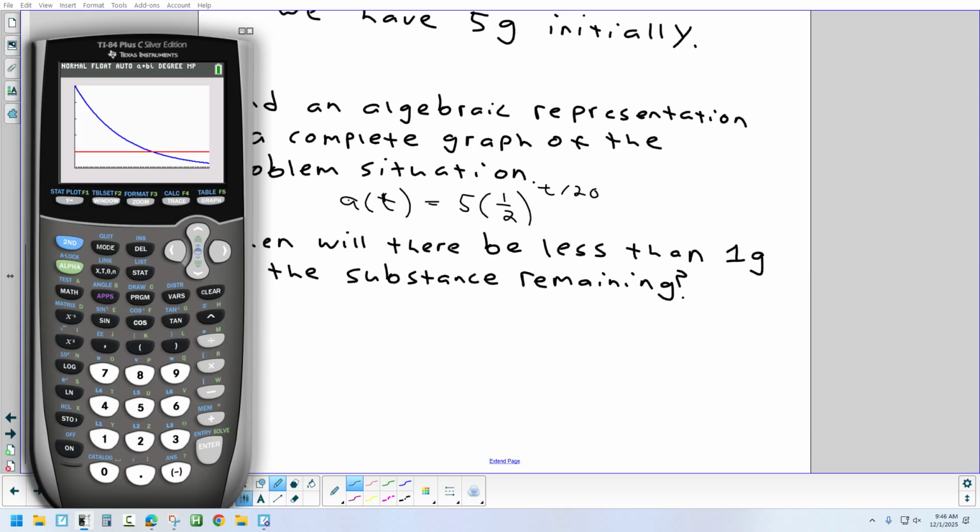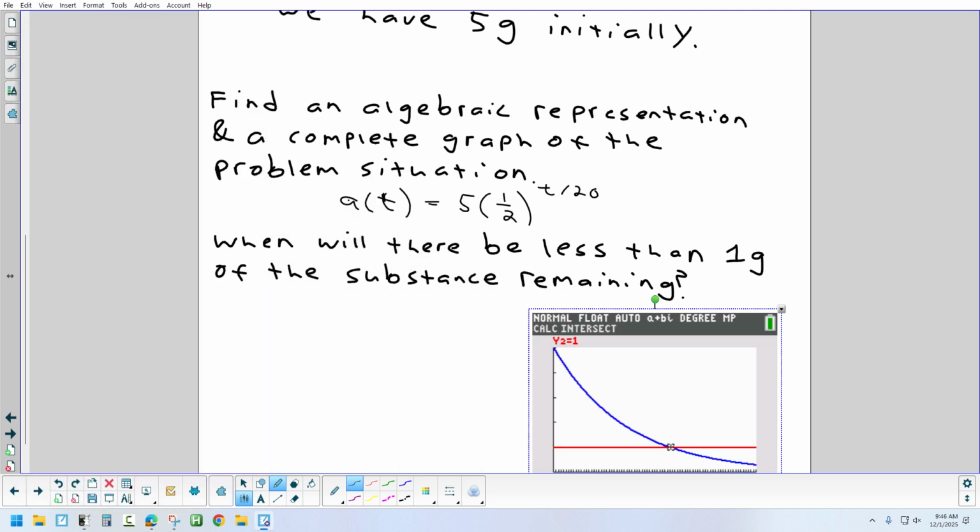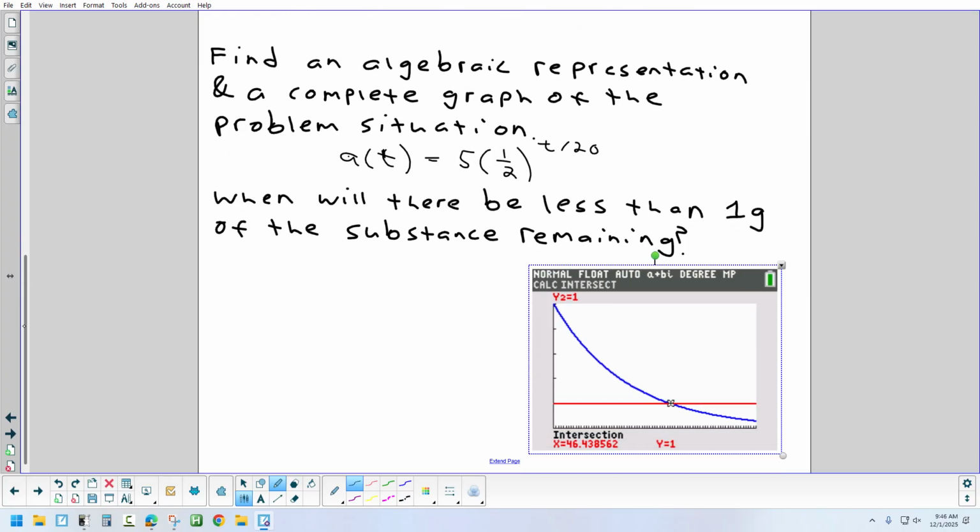Okay, so what are we going to do now? Intersect. Find the intersect. So, okay, that's the intersect. Now, how would we write the answer? When will you have less than 1 gram remaining?